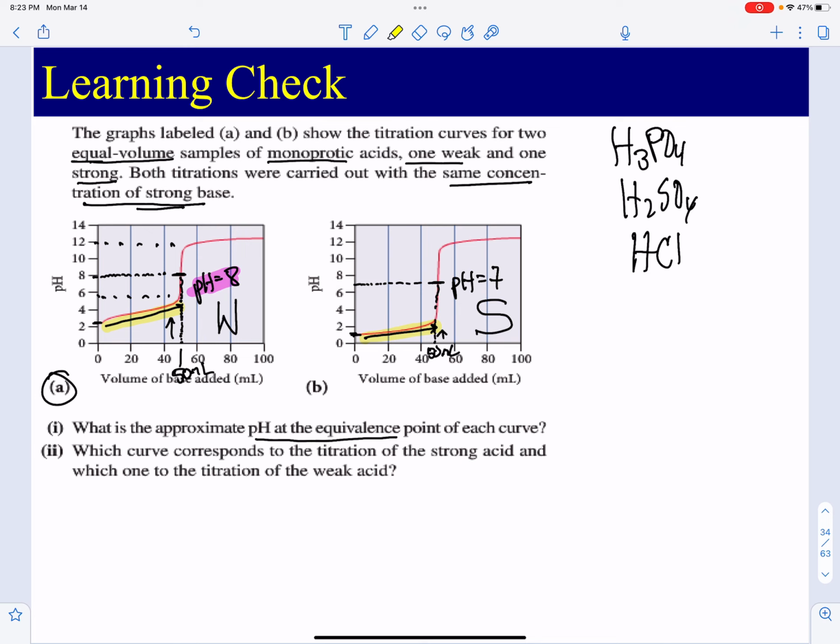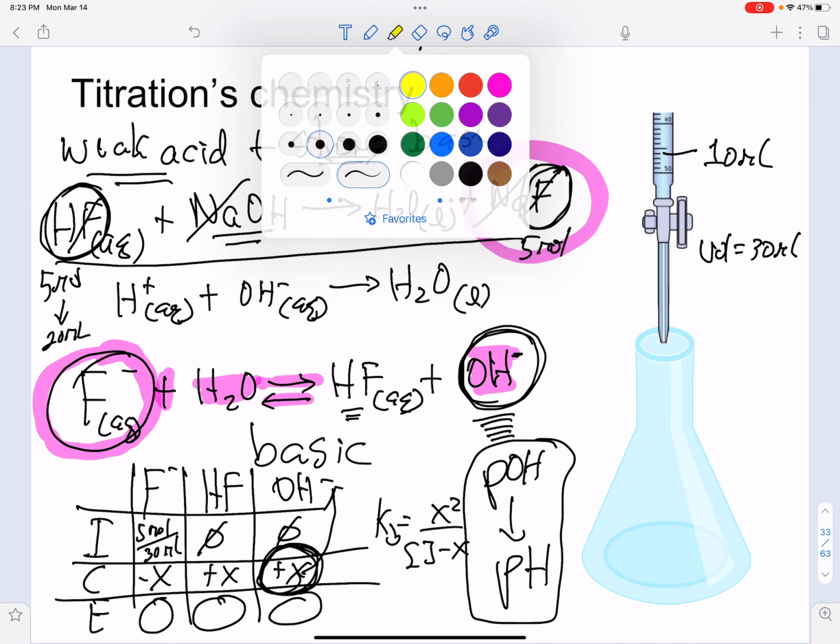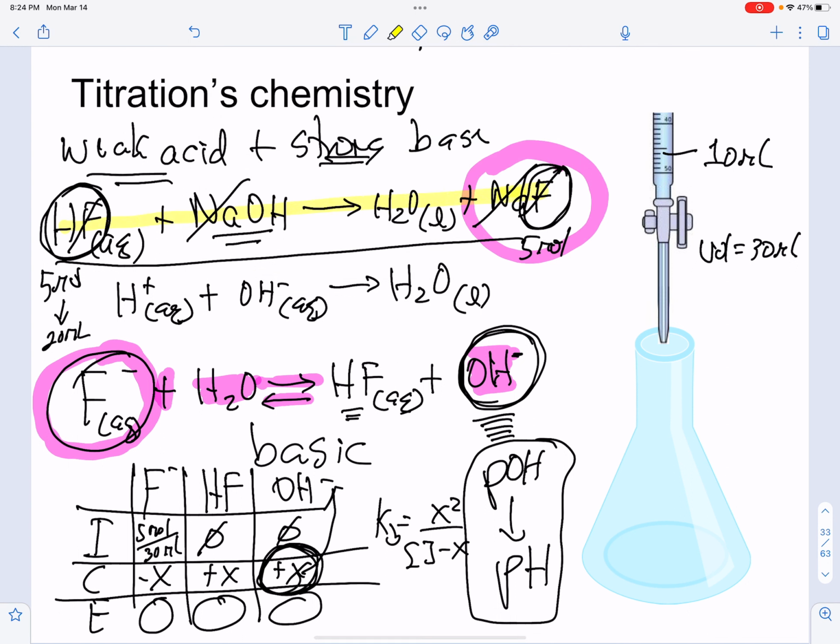When you titrate a weak base with a strong acid, you can expect the equivalence point to be acidic. And if this was a test, I would probably tell you that, and ask you to show me why it's basic, show me why it's acidic. That's when you start connecting the reactions. This got produced, and this reacts with water, and that's why it's basic.